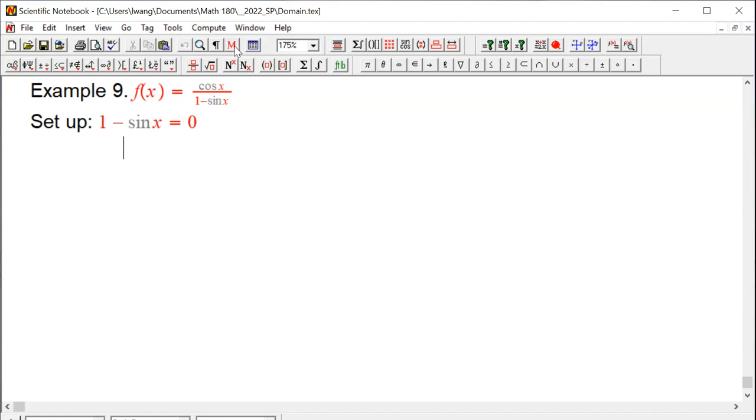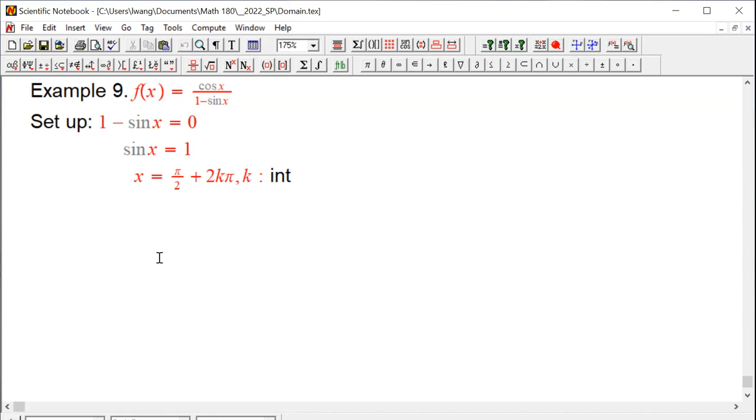Other than that, the rest is just technique, right? Sine x equals 1, and x has a domain of all real numbers. So what are those numbers that will make this true? And that will be pi over 2 plus 2k pi, where k is any integer.